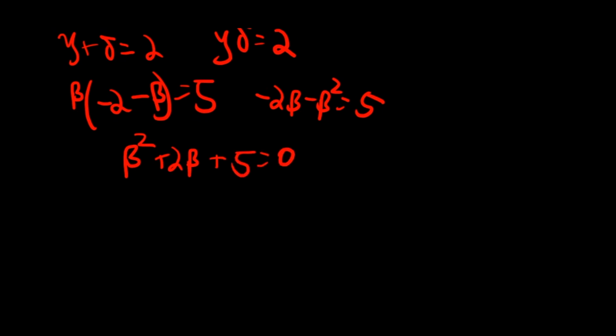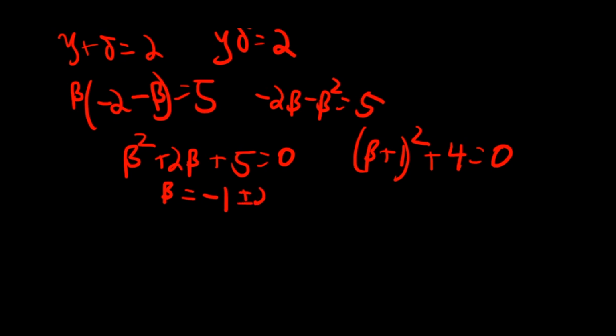And if we complete the square, we will get beta plus 1 squared plus 4 is equal to 0. And so beta is equal to minus 1 plus or minus 2i. And actually, because the two equations were symmetric in alpha and beta, alpha and beta are equal to minus 1 plus or minus 2i. Doesn't matter which way around they are.